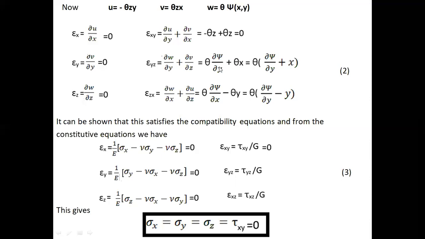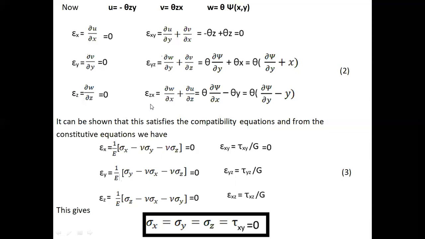Then we have del v by del z, and differentiating v with respect to z gives you theta x. So epsilon yz is theta outside the bracket and del psi by del y plus x. Remember, this x and y are the coordinates of the point where we are considering the torsion.